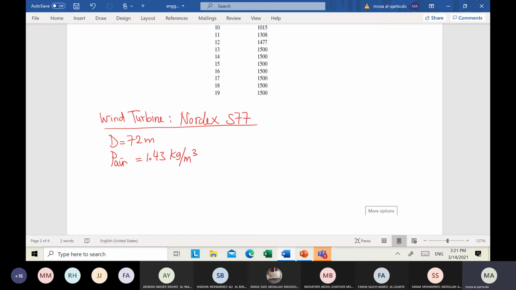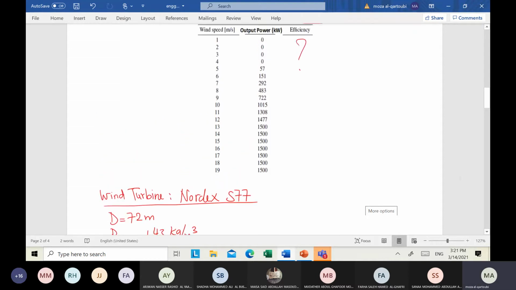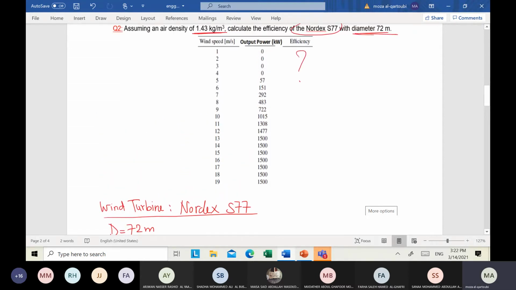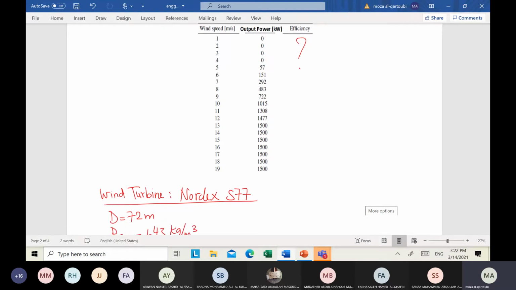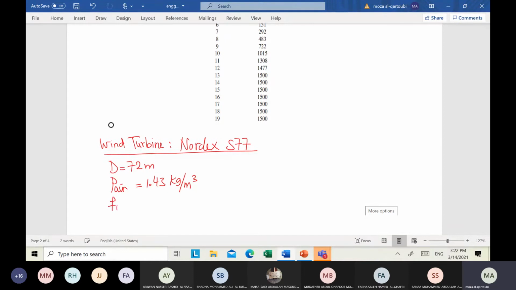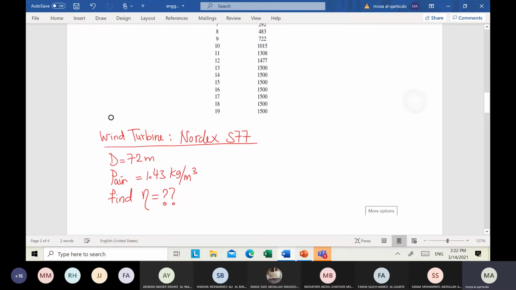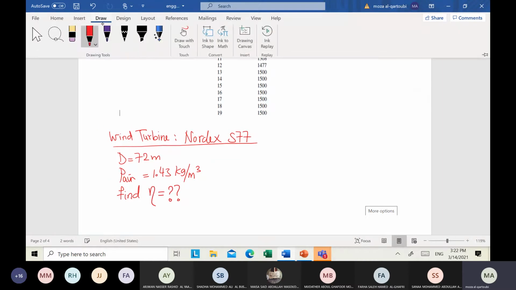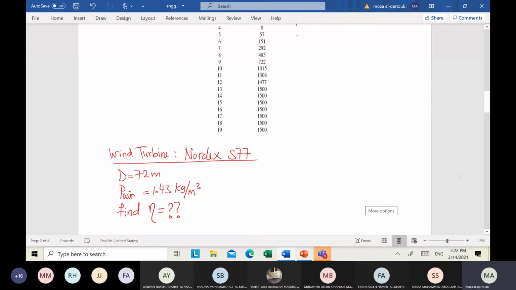Depending on a table, given is the wind speed in meter per second, and also the output power in kilowatt. How do we find efficiency? How to find efficiency in general? It depends on the given data.